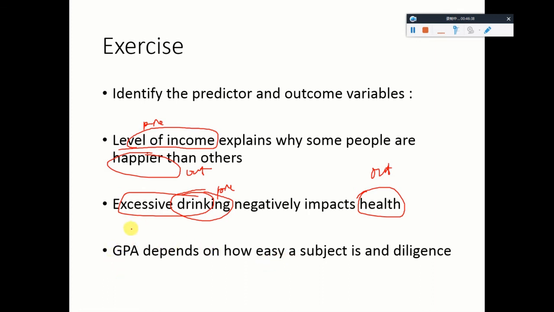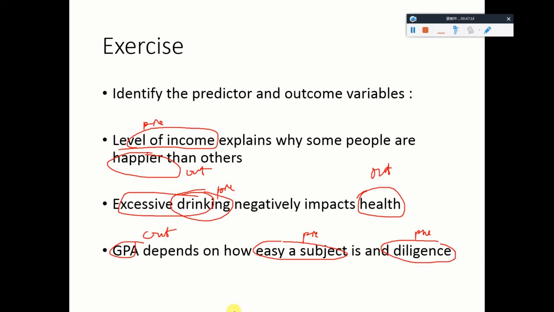Because this sentence obviously means: what explains GPA, or what predicts GPA? It is the easiness of a subject. That predicts your GPA. At the same time, how diligent you are will explain whether you have a higher or lower GPA. So both easiness of a subject and diligence are the two predictive variables here, and we have an outcome variable here.